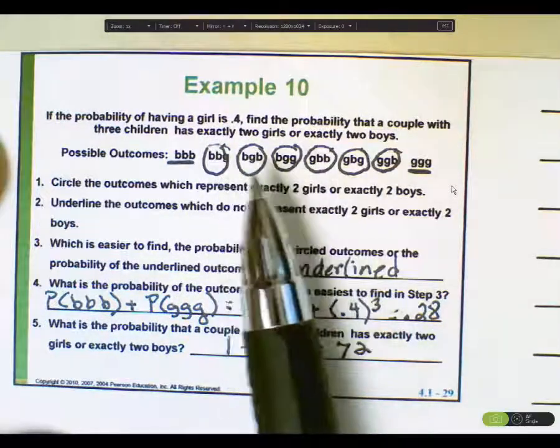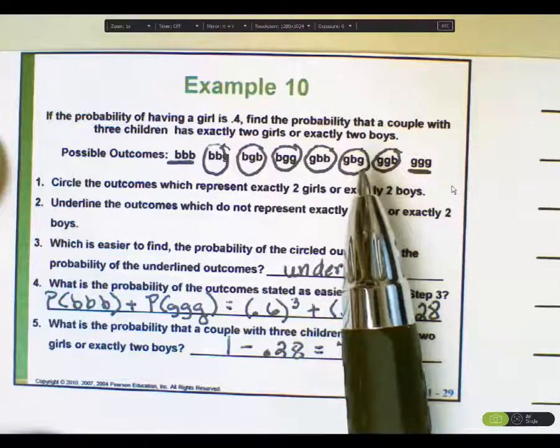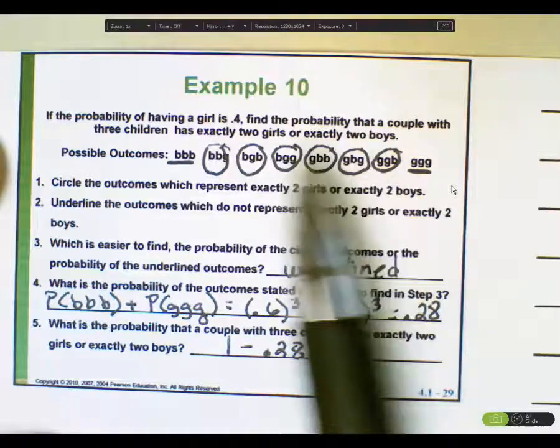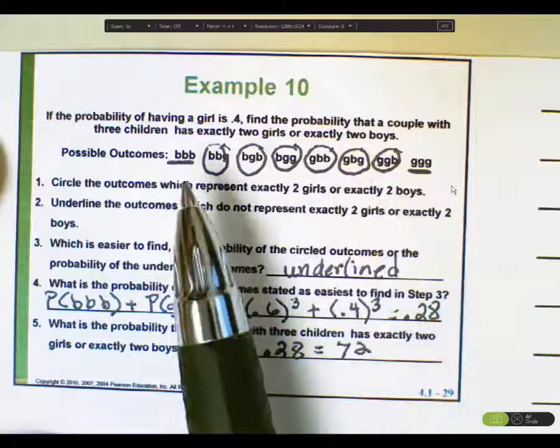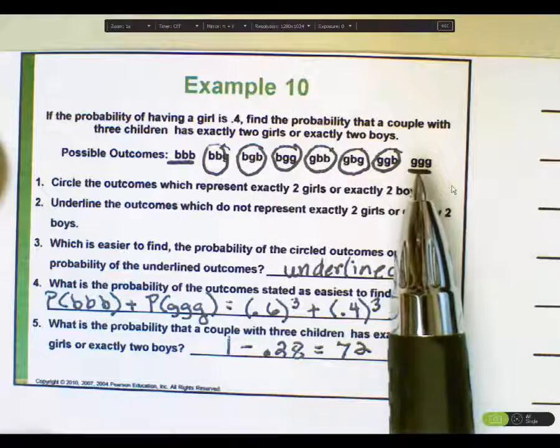Having exactly two girls or exactly two boys is the complement and includes everything except for all three are boys or all three are girls.